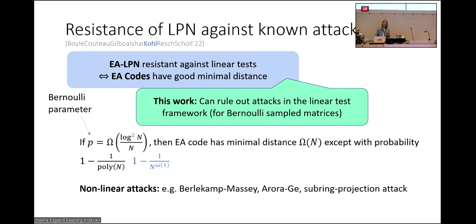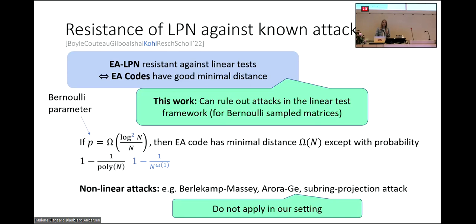And for nonlinear attacks, for example Berlekamp-Massey, or projecting onto a subring, these do not apply. Berlekamp-Massey needs algebraic structure that it doesn't have here. Even if you use it with regular structured noise, we're not in the regime where it applies. And for projecting onto a subring, you have to be careful. I have only talked about F2.